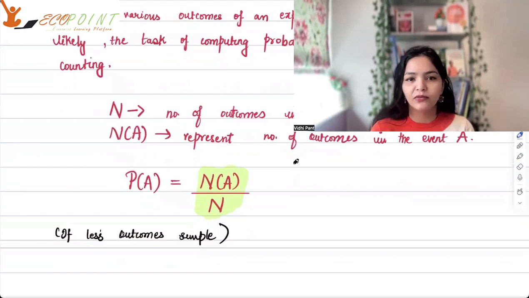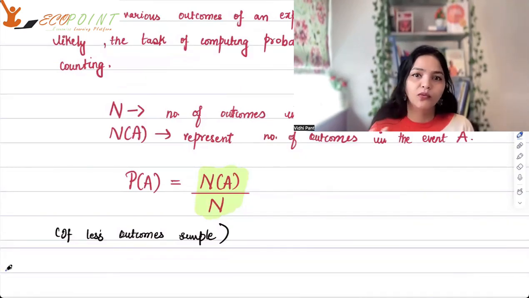If you have fewer outcomes in the sample space itself, it will be a very simple game. For example, you are talking about tossing a coin once. There are two outcomes, out of which if A is getting heads, the probability is 1/2. If A is getting tails, it's 1/2. Very easy, right?